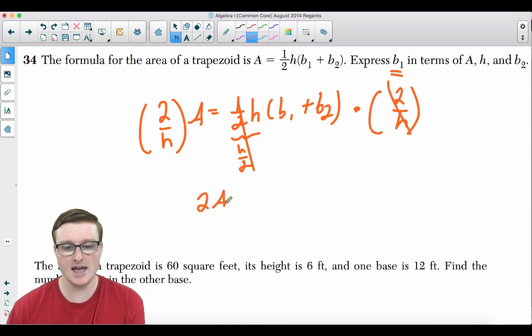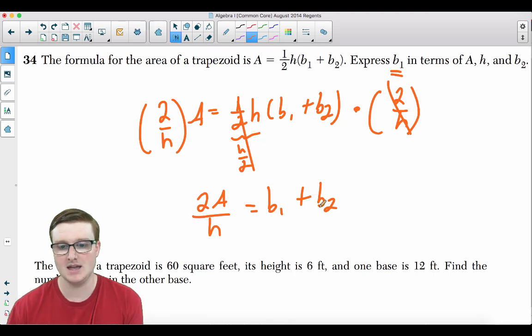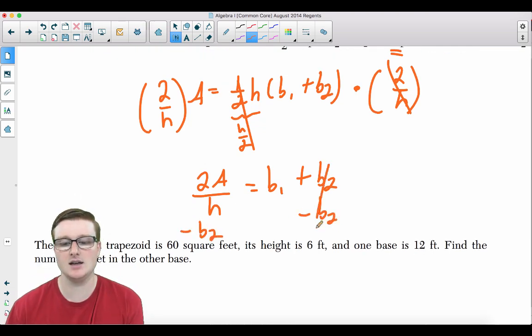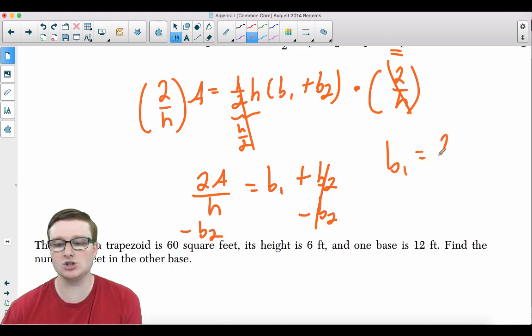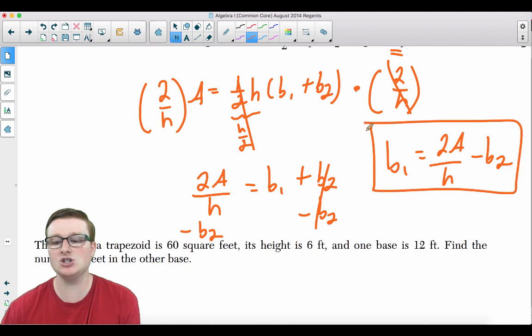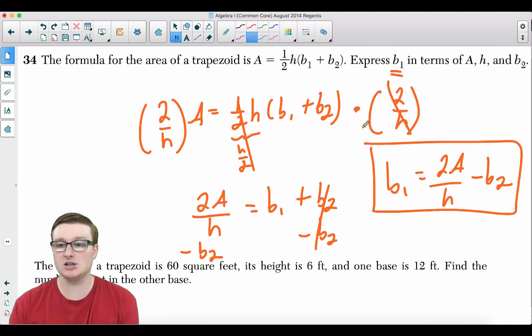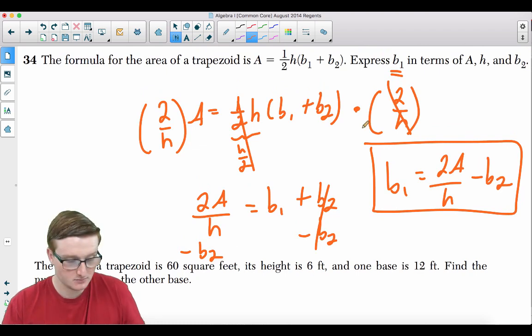Okay, so we get 2a over h is equal to b1 plus b2. Now, in order to solve for b1, you just subtract the b2 on both sides, and you get b1 equals 2a over h minus b2. Make sure that that b2 is away from everyone else. And that is how you express b1.